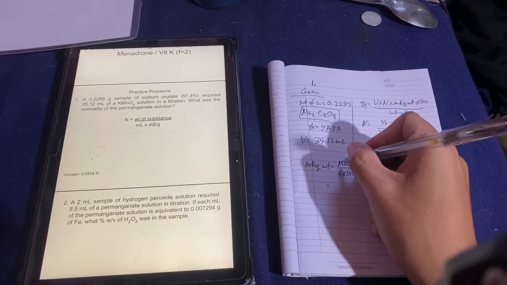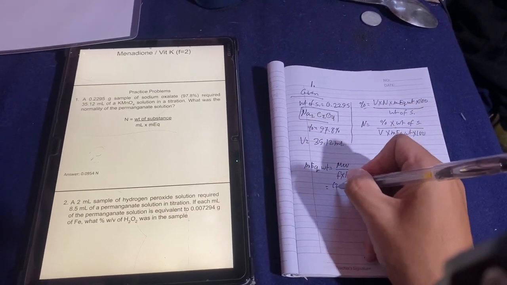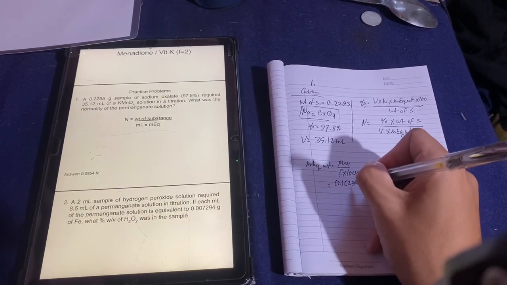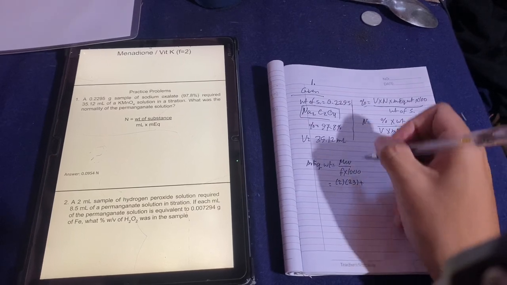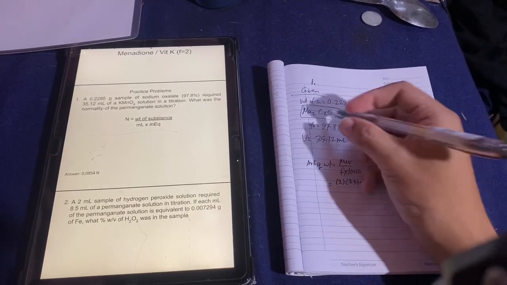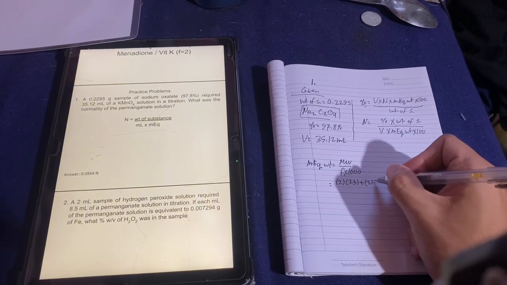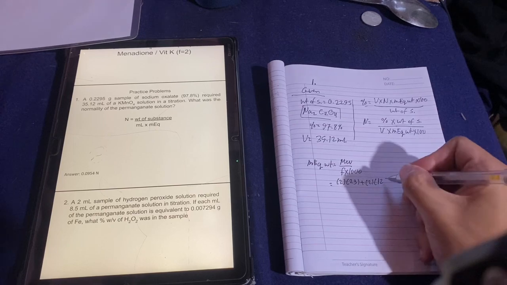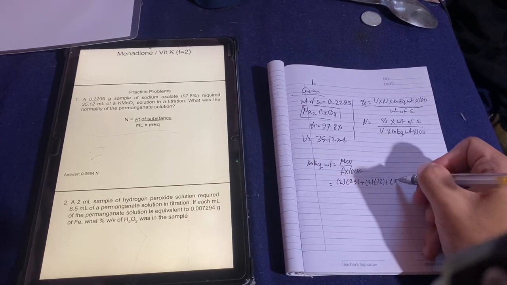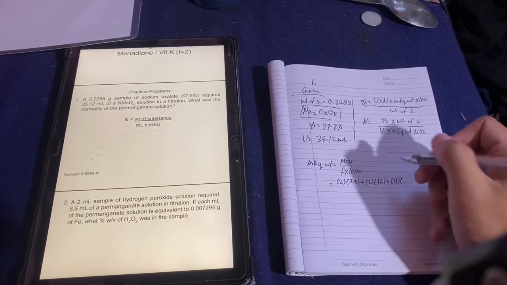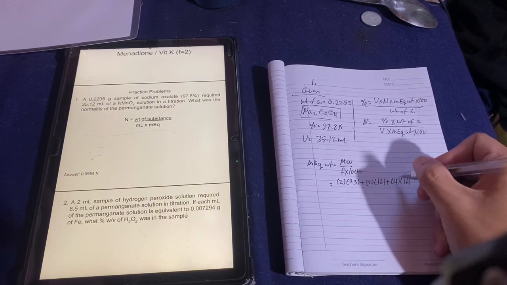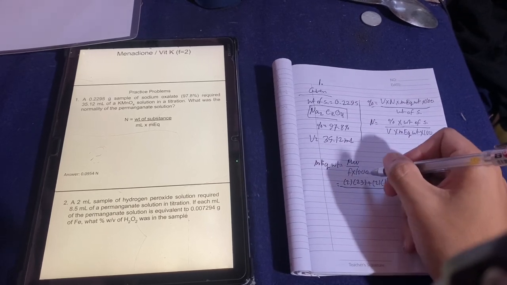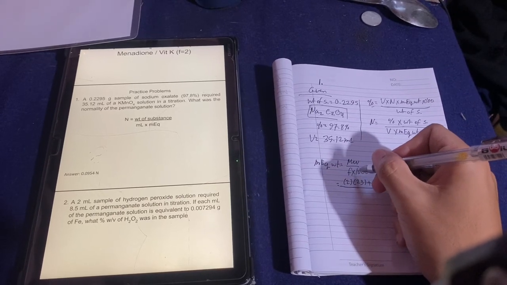Let's start with the molecular weight: sodium has 2 atoms, with a molecular weight of 23, plus carbon, 2 atoms times 12, plus oxygen, 4 atoms times 16, which will be equal to something. Then over the factor times 1000.